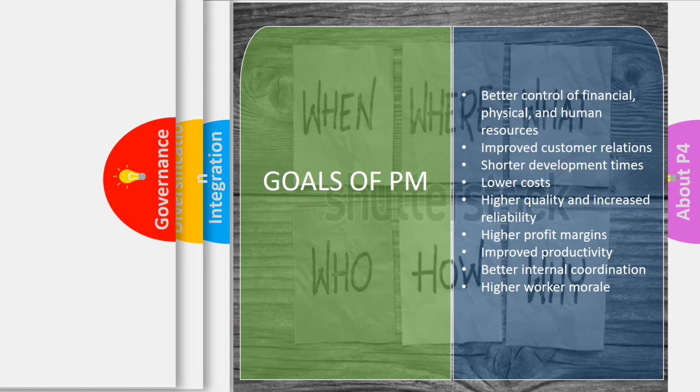If you're building a loft conversion and you've got a project, then obviously, if you are doing things to time, to budget, with the quality, then you're not only gaining greater word of mouth advertising in terms of reputation, but also you're achieving your profit margins. But the longer it takes, the smaller your profit margins, because it's going to cost you more in materials and labour. Improved productivity, better internal coordination, and higher workforce morale.